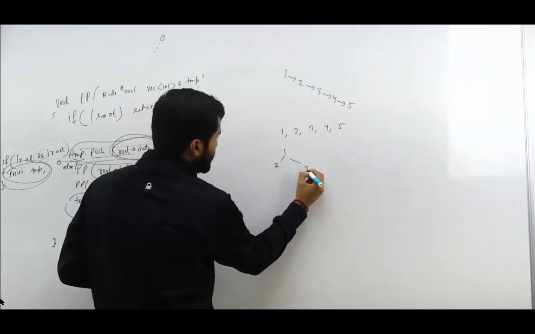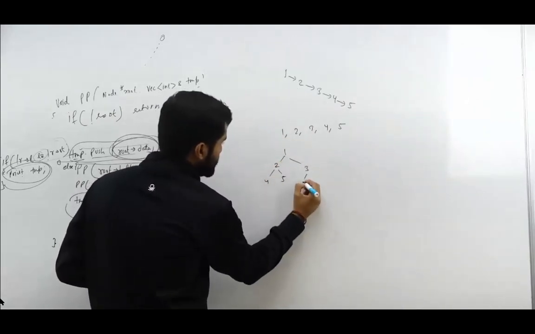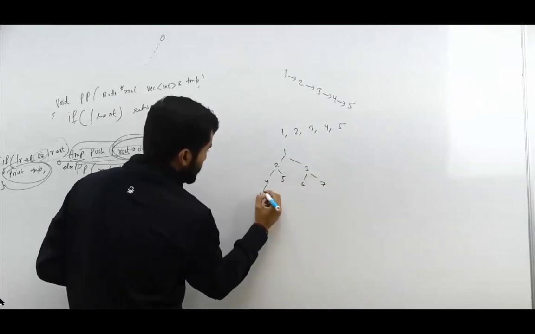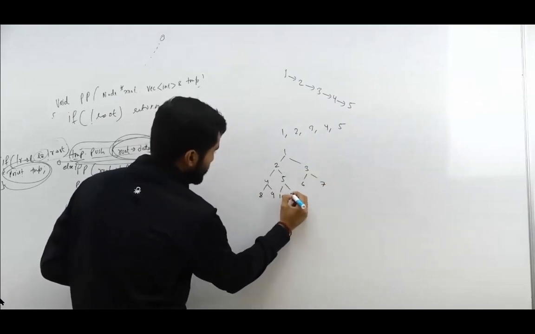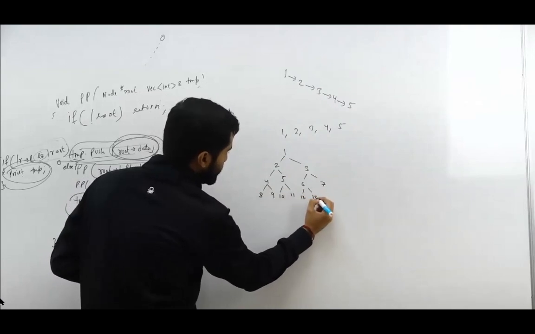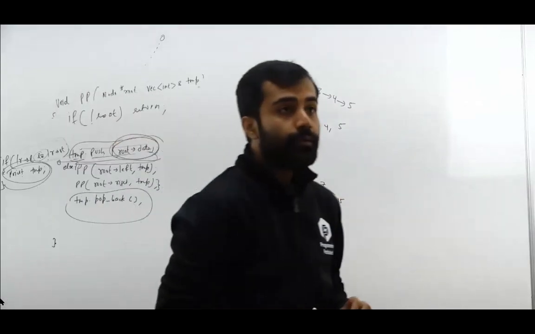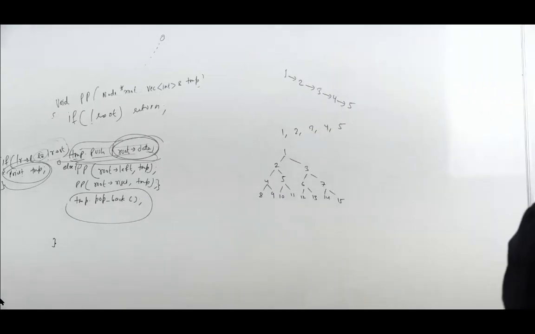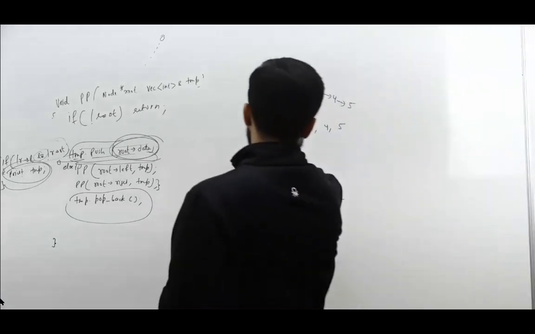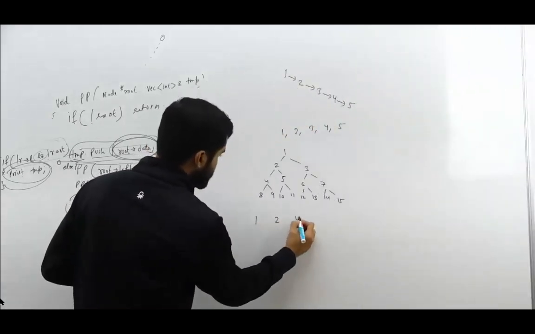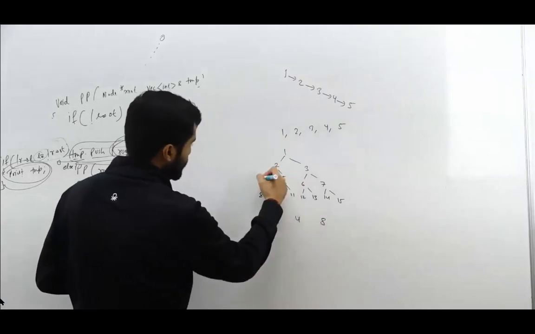1, 2, 3, 4, 5, 6, 7, 8, 9, 10, 11, 12, 13, 14, 15. How many root to leaf paths will be printed here? 8. And what is the first path going to be? 1, 2, 4, 8. Second path will be 1, 2, 4, 9.